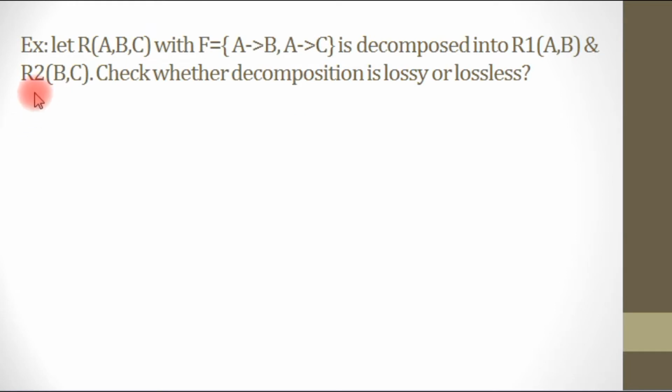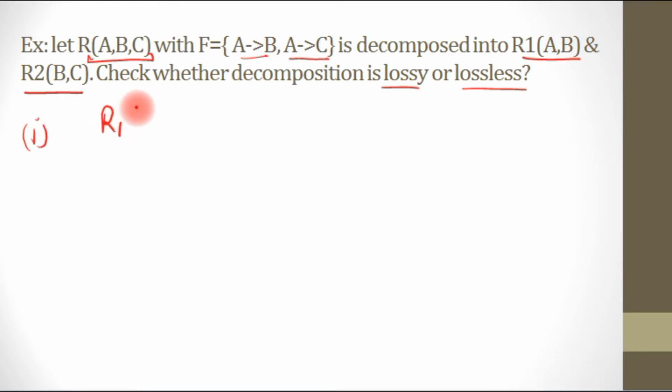Now solve this example. In this example, R is a relation with three attributes with functional dependencies A determines B, A determines C, and it is decomposed into two subrelations where R1 has two attributes A and B and R2 has B and C. Check whether this decomposition is lossy or lossless.